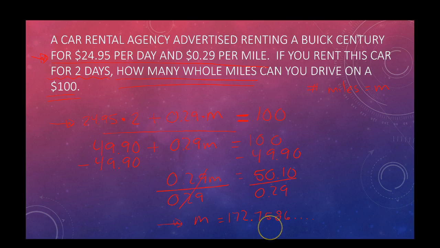The answer is no, because if I round it up, I'm going to go over that $100 budget. So in this case, I could only drive 172 miles, because as soon as I drive 173, I'm going to go over the $100. It's probably going to be $100 and a few cents, but that's not the point. The question only wants $100 as your budget, and I cannot go over it. So 172 miles is your final answer.